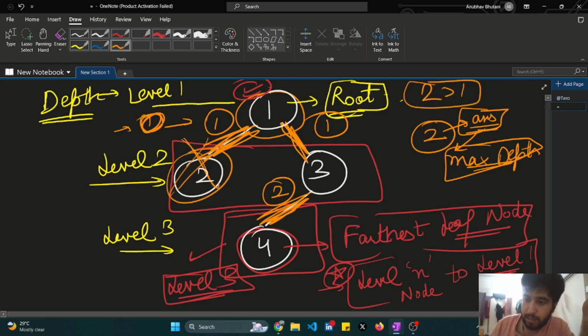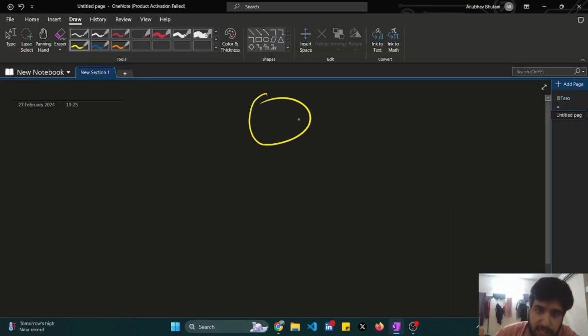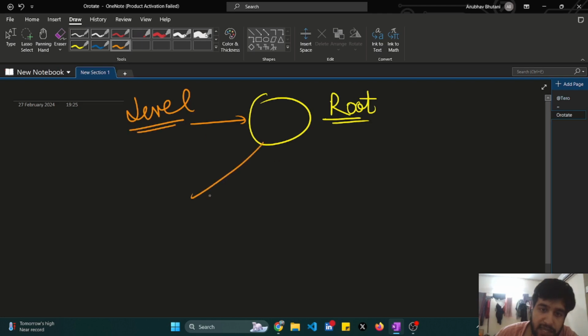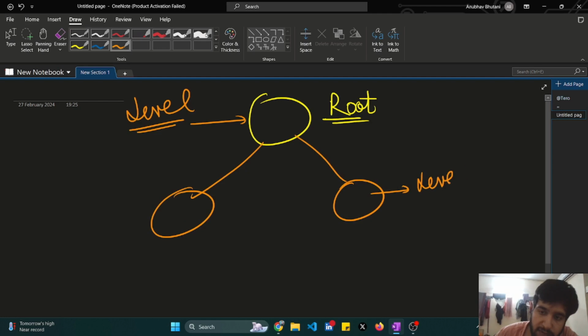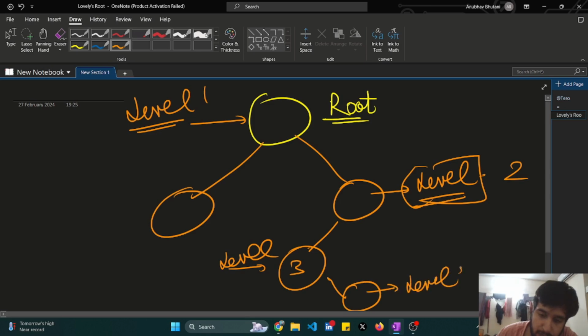So for this case, there is a root node that would independently be a level, and all the other nodes that are coming would also form a level. This is level 1, this is level 2, any other node, this is level 3, any other node, then level 4.